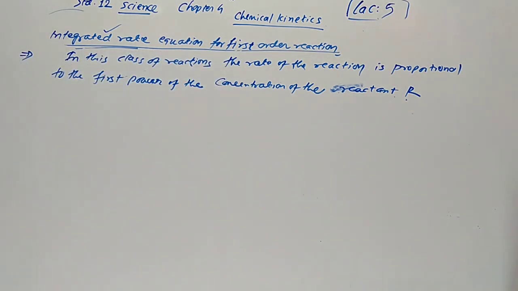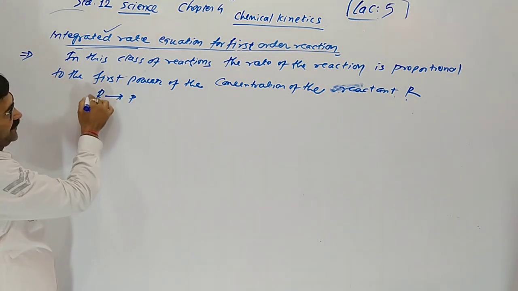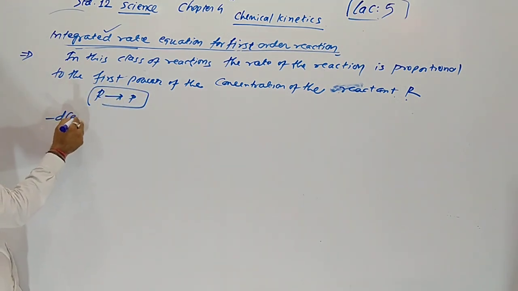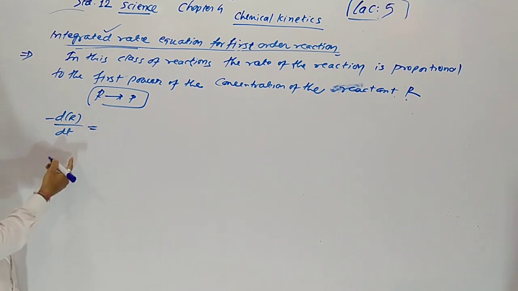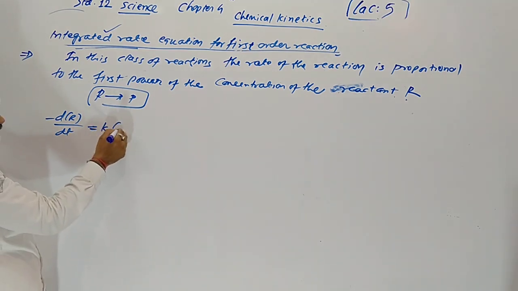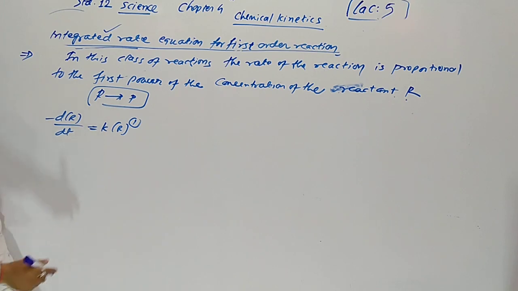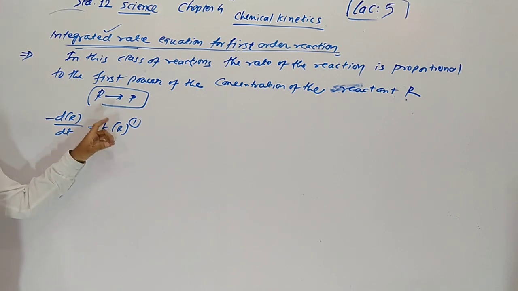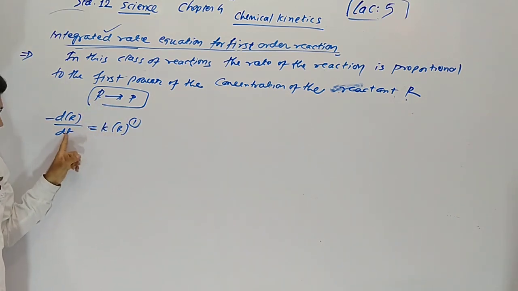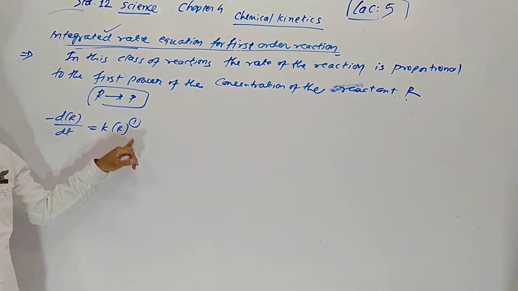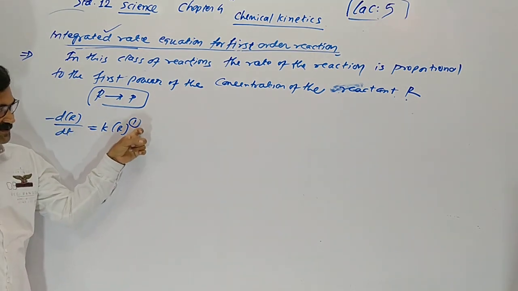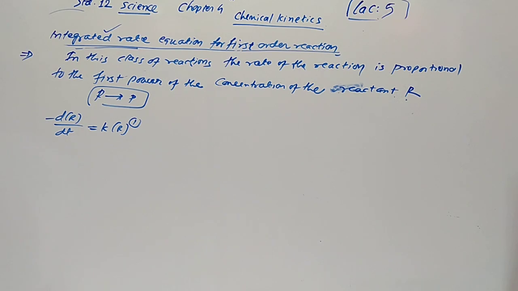So in the class of first order reaction, suppose the reaction is R gives P. The differential rate equation, the rate law, is rate equals k[R] raised to 1. Here the power is 1. This is the rate of reaction, equal to k, the rate constant, and concentration raised to power 1. So the rate is proportional to concentration raised to 1, so this is a first order reaction.